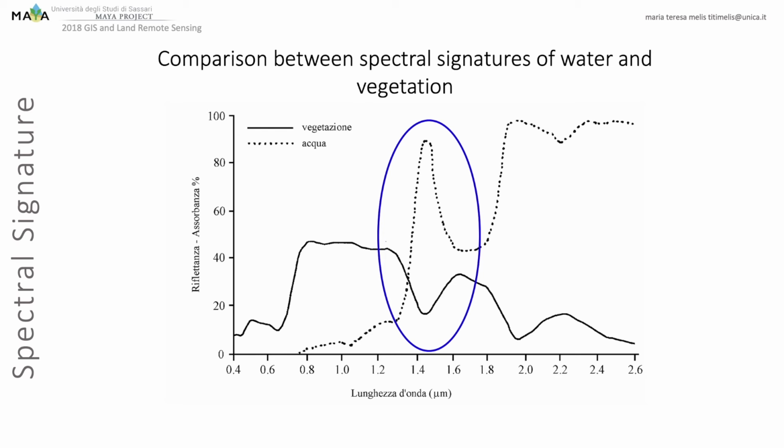When we compare the spectra from vegetation and water, we can see that there is a very important difference in behavior. Here in the medium infrared, the water has a reflection and the vegetation has an absorption.